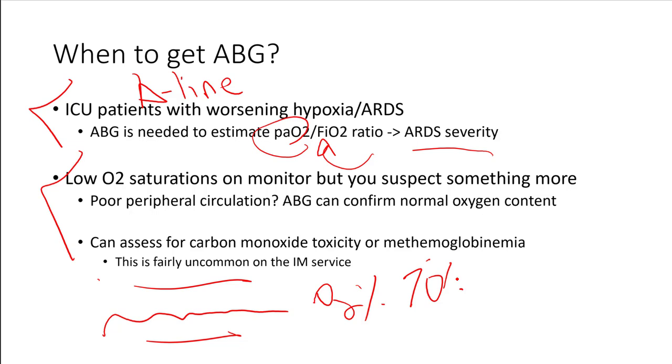You might suspect that they have some sort of alternative hemoglobin, such as methemoglobinemia or carbon monoxide toxicity in the right circumstance. That might be an example where an ABG is useful, because an ABG includes parameters for carboxyhemoglobin and it can measure the fraction of methemoglobin.